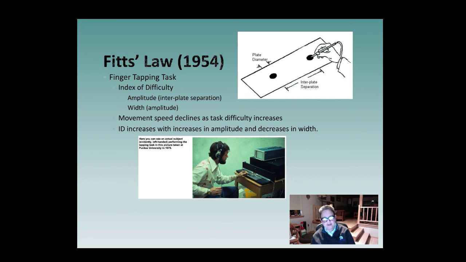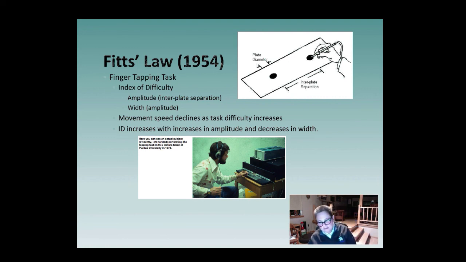Basically, what Fitts found is that the speed of our movement declines as task difficulty increases. And we could define the index of difficulty as increases in amplitude and decreases in width. Here's an example of somebody from 1975 at Purdue University actually performing the Fitts tapping task.